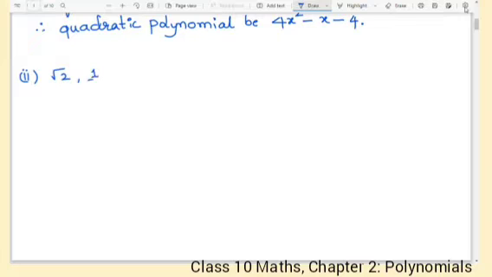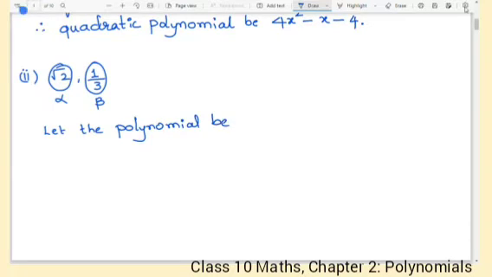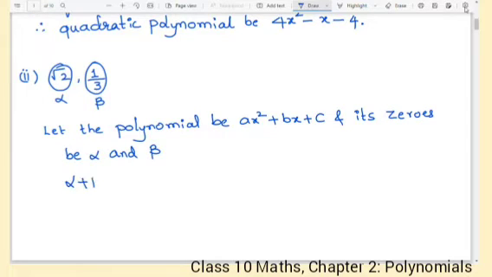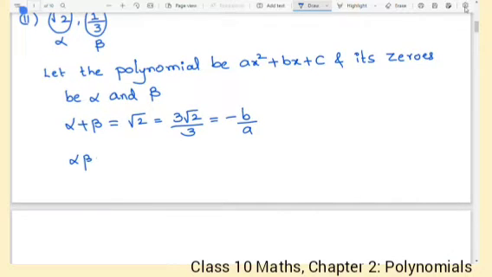Second one, root 2 comma 1 by 3: root 2 is alpha plus beta, 1 by 3 is alpha into beta. Now here, let the polynomial be ax square plus bx plus c and its zeros be alpha and beta. Alpha plus beta is equal to root 2, or you can write it as 3 root 2 by 3, which is equal to minus b by a.